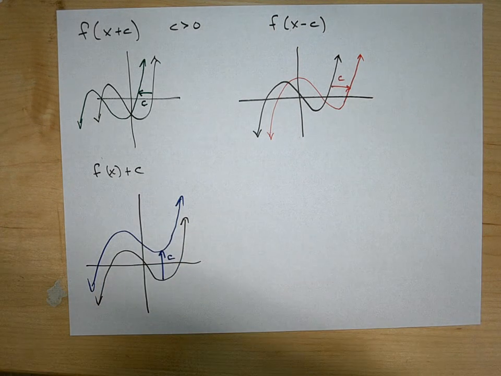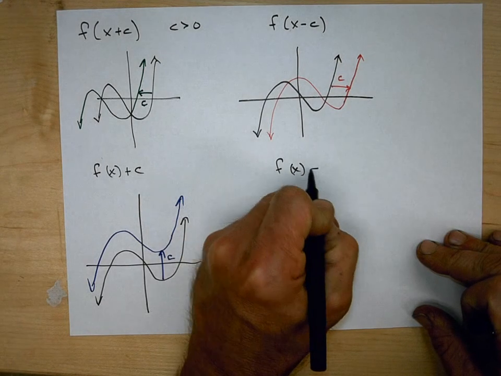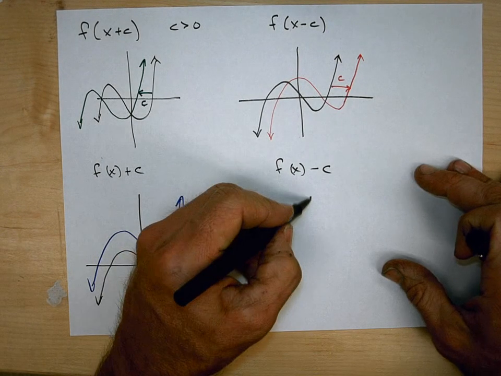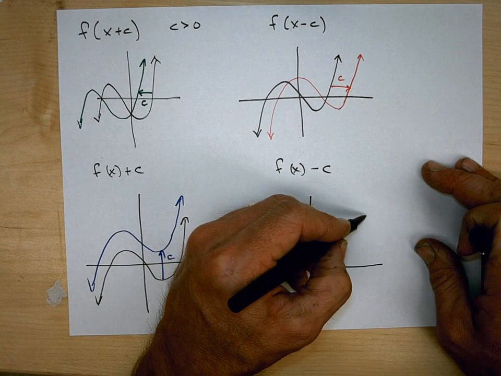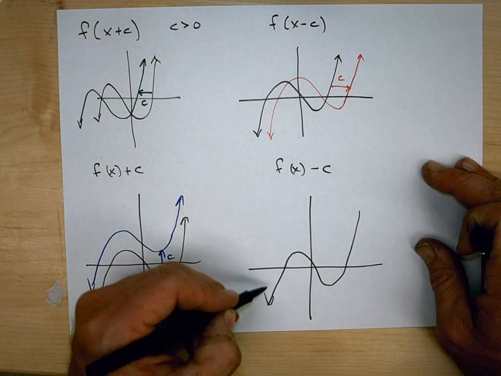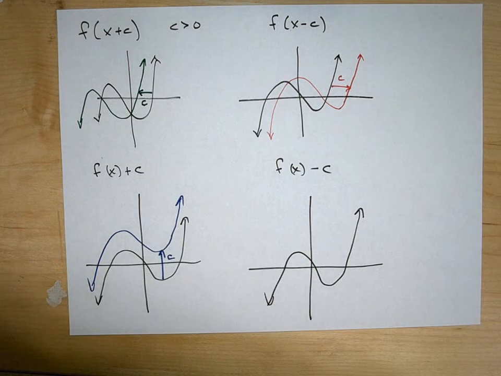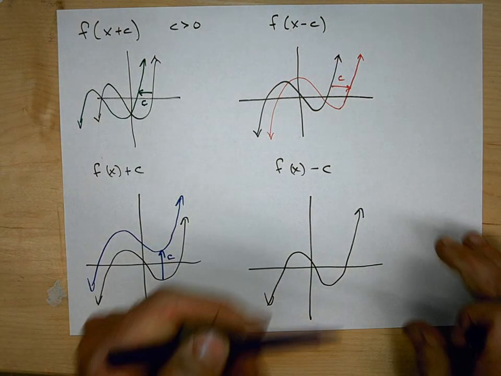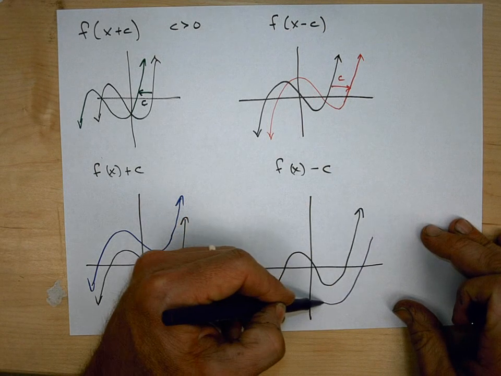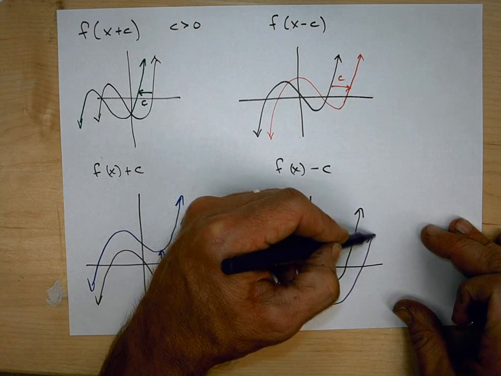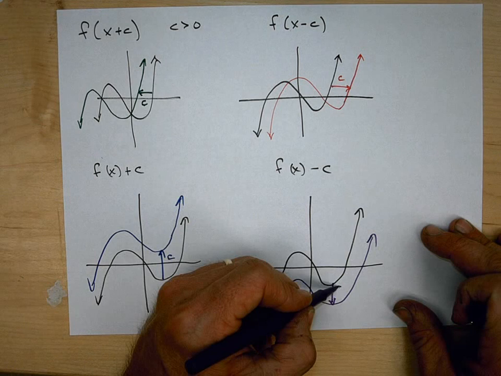Finally, if I have f of x minus c, then you can probably guess what's going to happen here, right? Haven't used purple yet, so the whole thing is going to just get shifted down. Everything gets moved down by c.